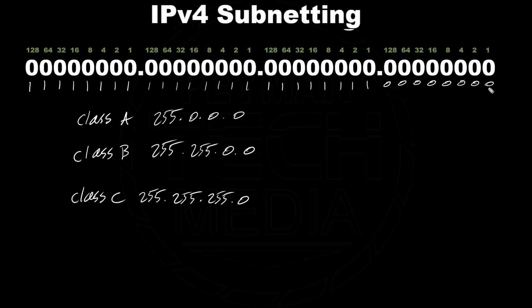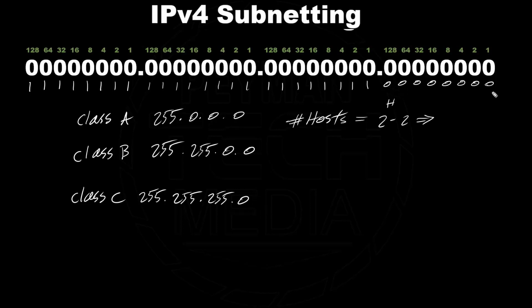So previously we talked about the number of hosts. The number of hosts is 2 to the power of host bits minus 2. When we talk about, let's say, Class C, how many host bits do we have? Only the last octet is for the host. So in the last octet, 8 bits of zeros.